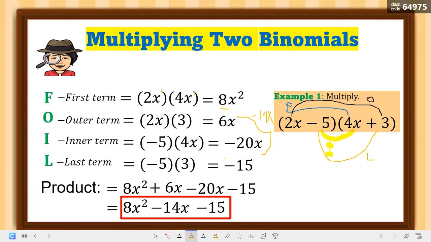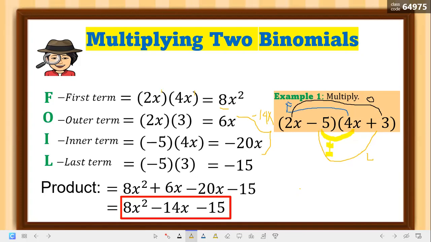Anong uri ba ng polynomials yung imu-multiply mo? Observe nyo, nasagot na to kanina. Anong classification of polynomial nga ito? Binomial po. Ilang binomial ito? Dalawa po.